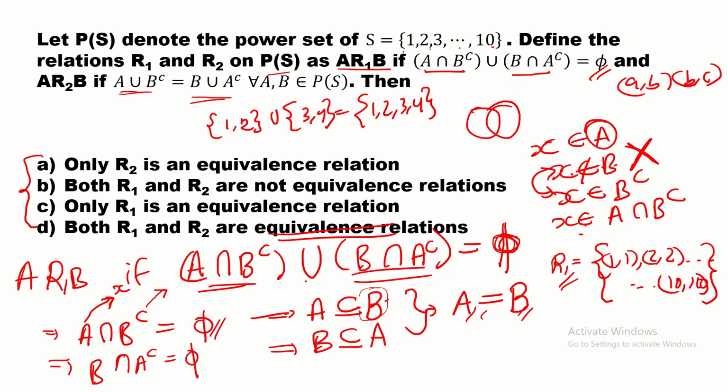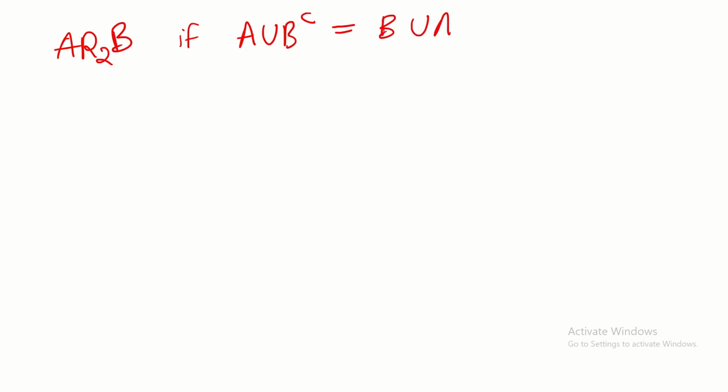So then you have to check for relation R2. Now R2 says A R2 B if A ∪ B complement is equal to B ∪ A complement.